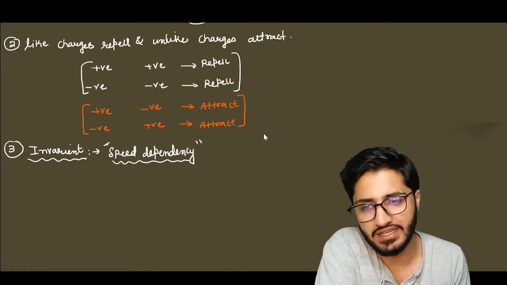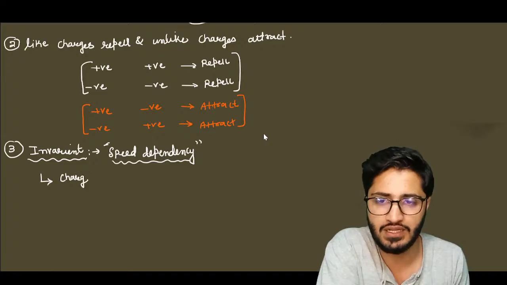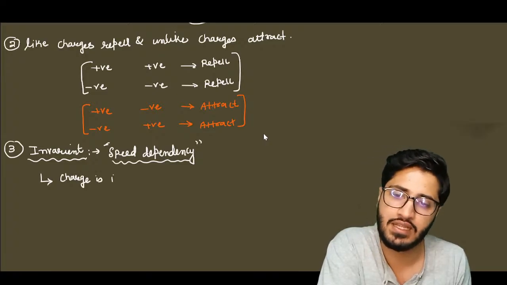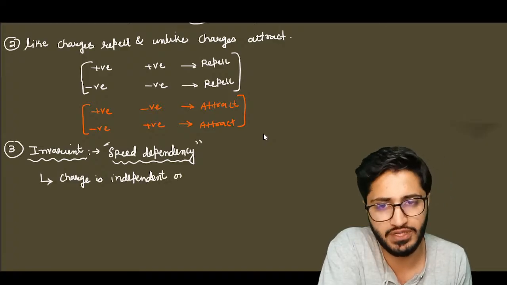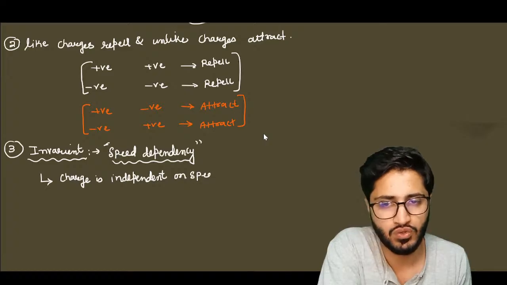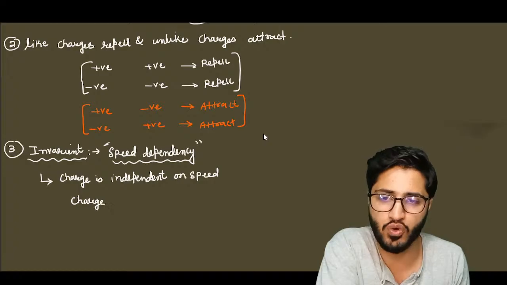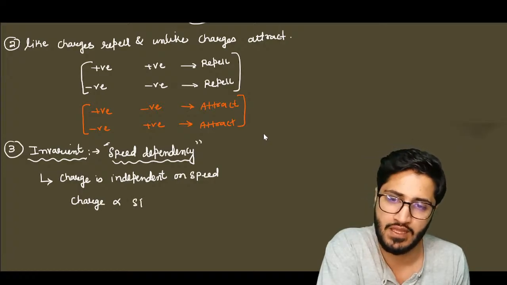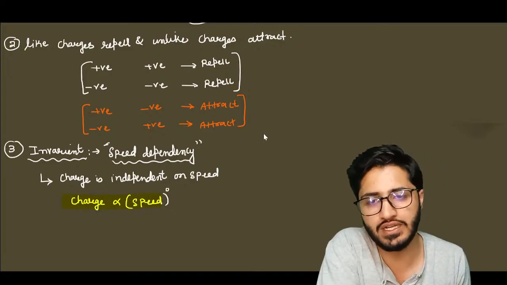So you can write here, sir, charge is independent of speed. You can write charge is proportional to speed, and the power of speed is 0. That means constant. Okay. So charge is independent of speed.